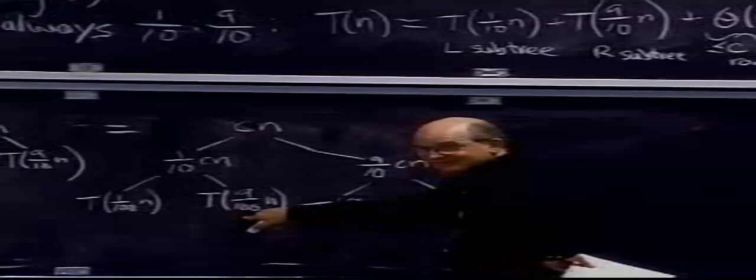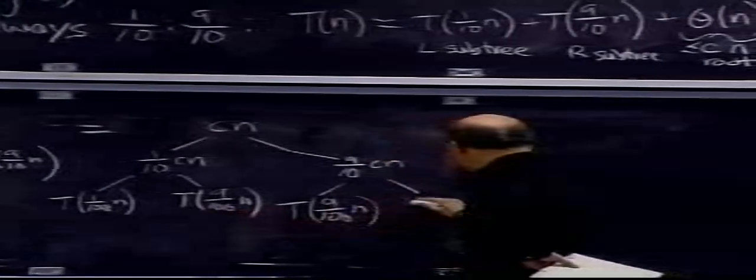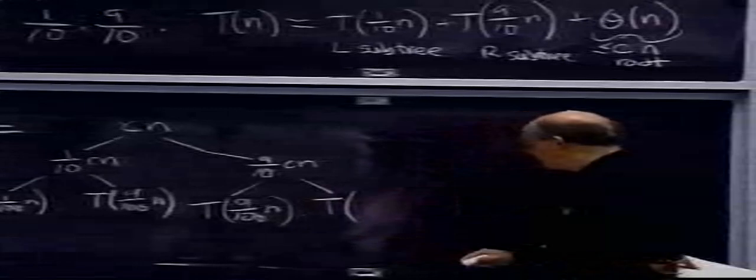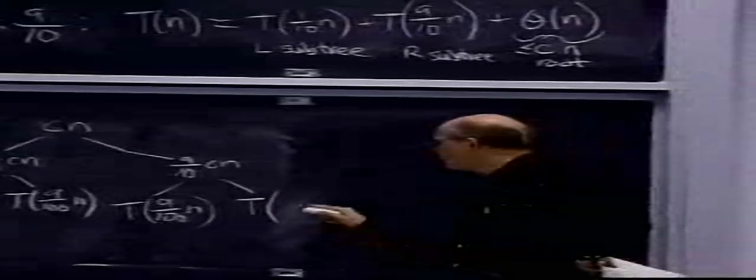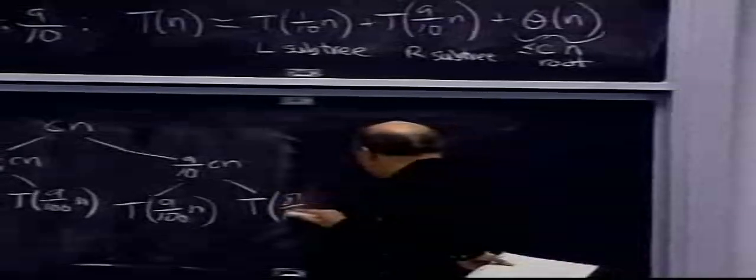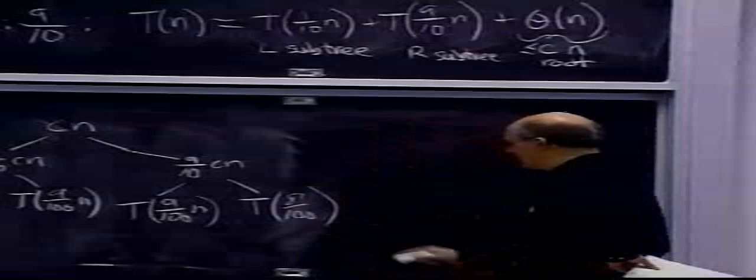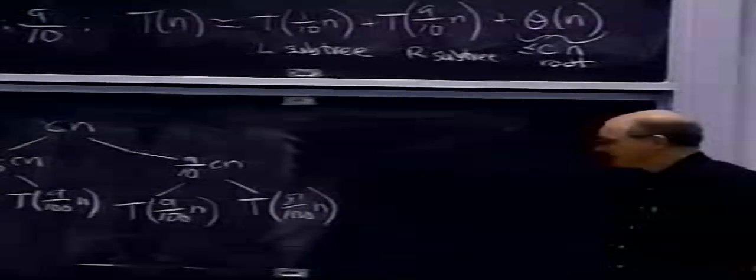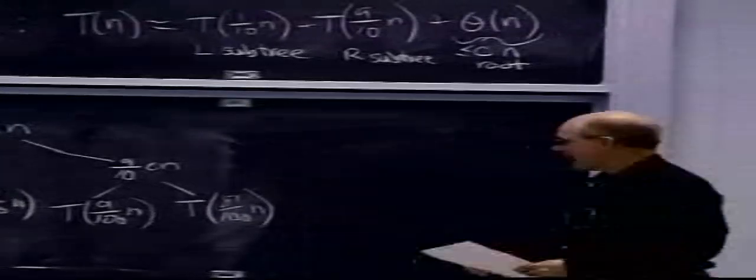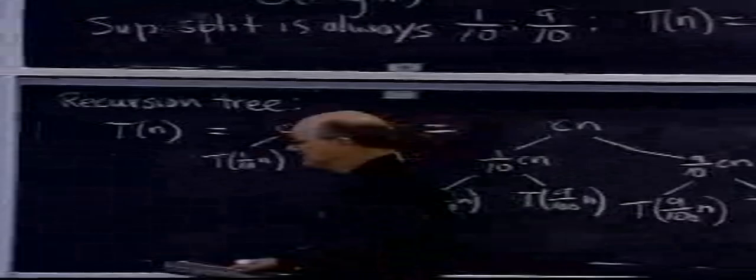Good, 9/100 n. Same as I got here. And then here I get what? 81/100 times n. And I keep doing this over and over.